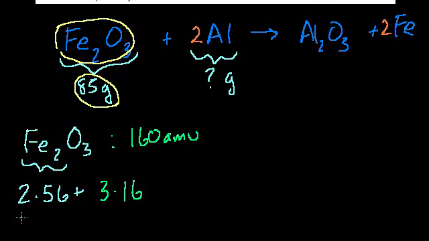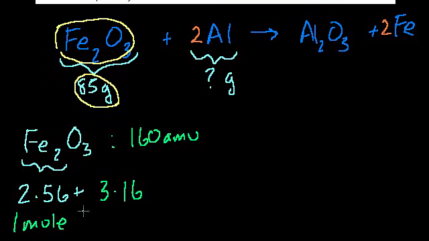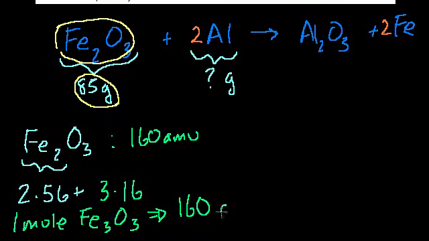So 1 mole, or 6.02 times 10 to the 23 molecules of iron 3 oxide, is going to have a mass of 160 grams.